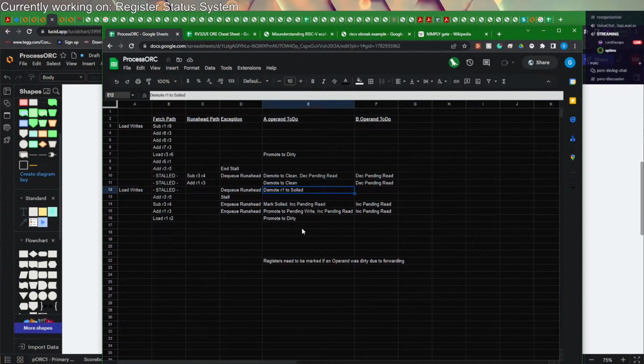We're good. So we go through these instructions, and when R1 clears, I don't think it can go dirty, because it can't immediately go down to dirty, because you're not issuing a multi-cycle write. The most you could do is demote to soiled if you have a pending read.